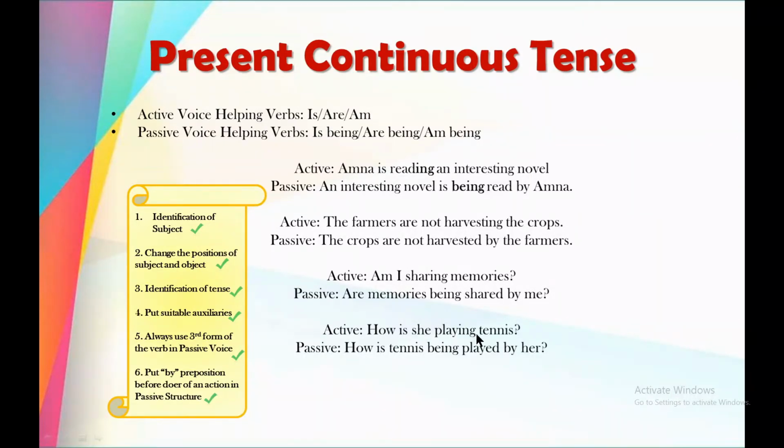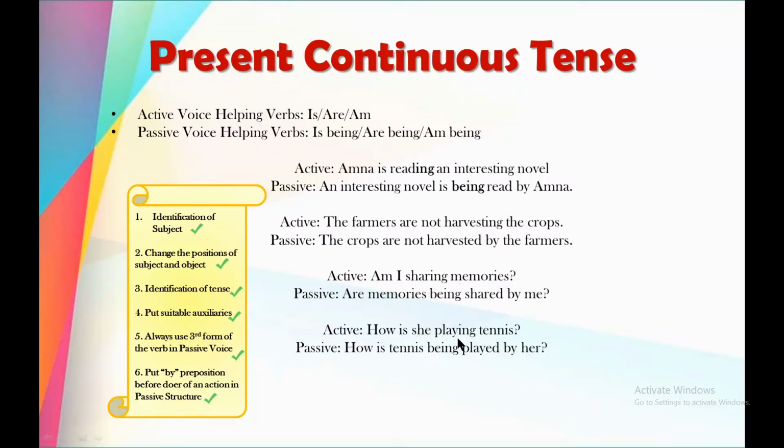How is she playing tennis? So she is our subject and tennis is our object. So tennis, by her. And then identification of tense, this is the ing form. So is, are, am over here as well. So this is present continuous tense, and then put suitable auxiliaries. So instead of is, am, are, we use is being, are being, and am being.